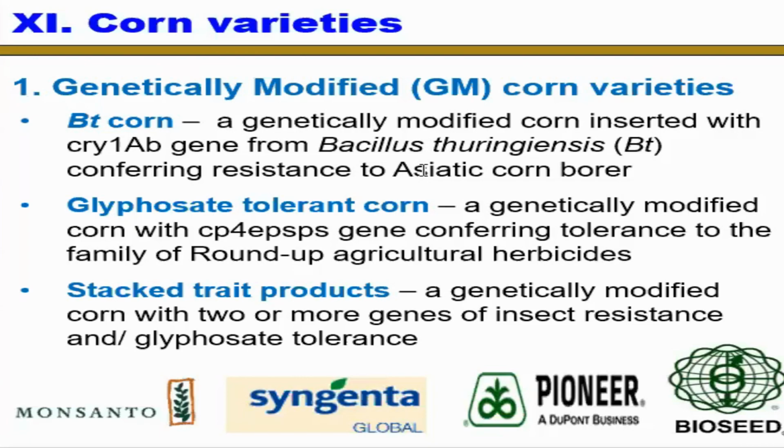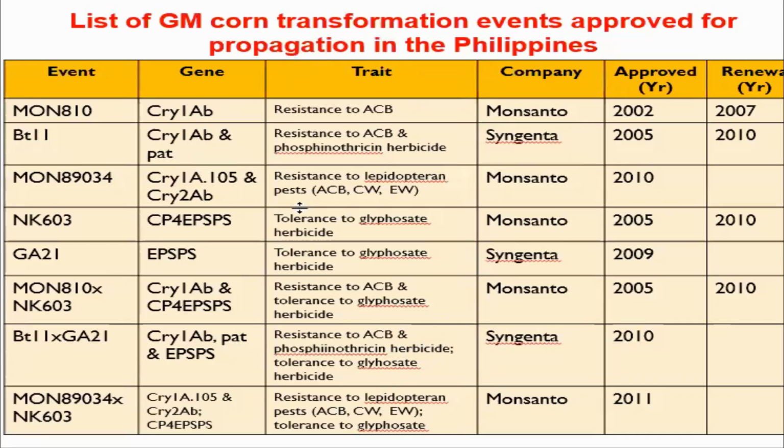Okay. Next is the list of GM corn transformation events approved for propagation in the Philippines. So we have the different events, the gene, the trait, the company, and the approval and renewal.